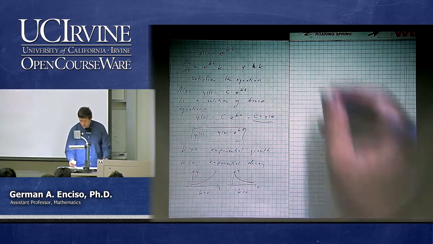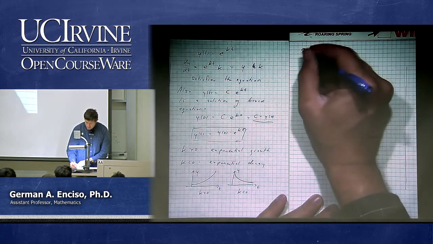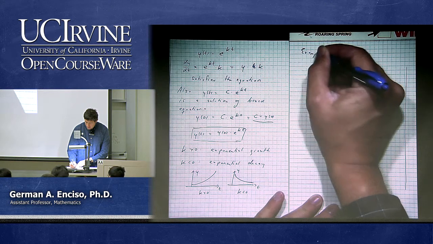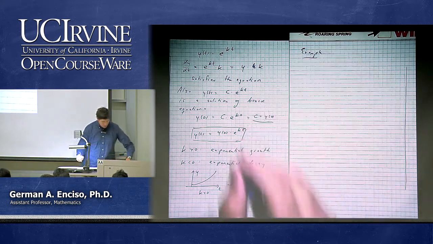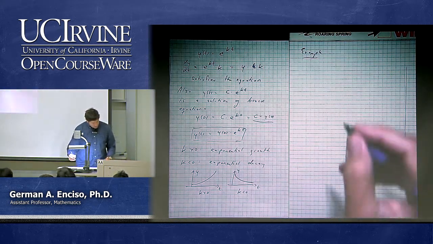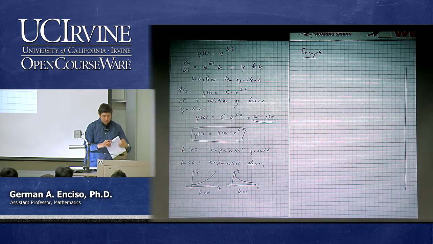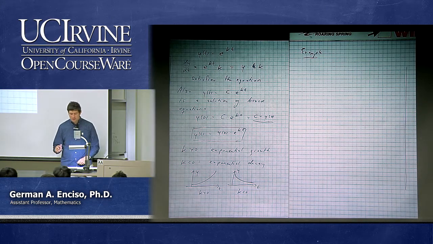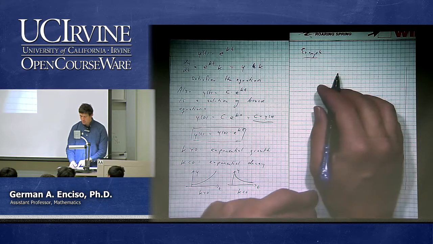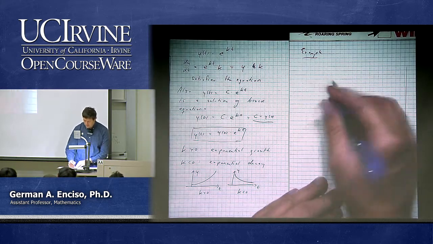So our first example will involve bacteria, just like we did a moment ago. I'm going to already start talking about word problems so that we start practicing that.